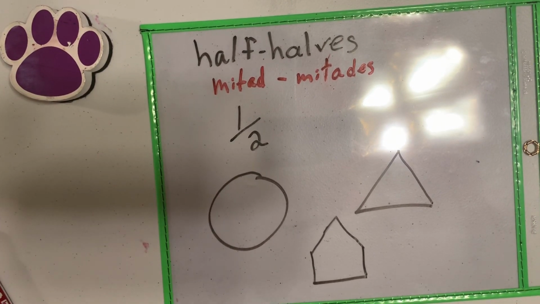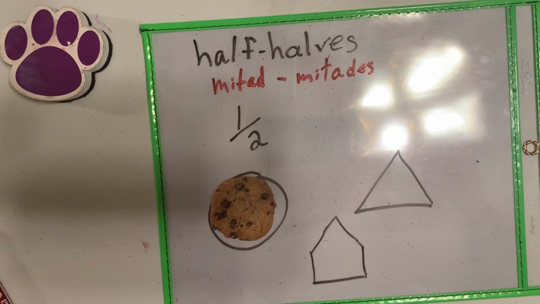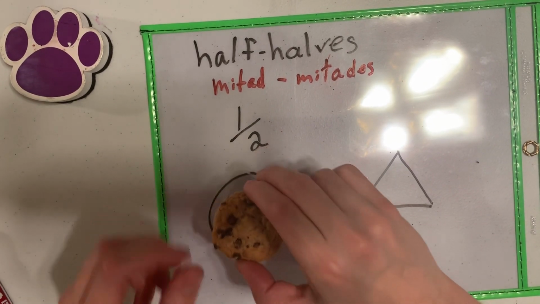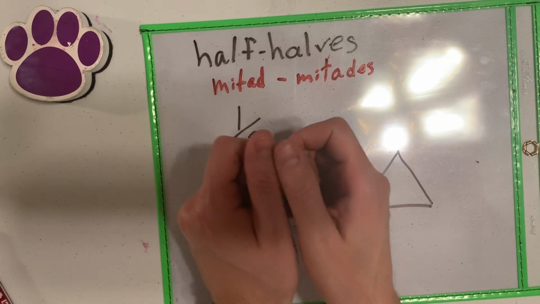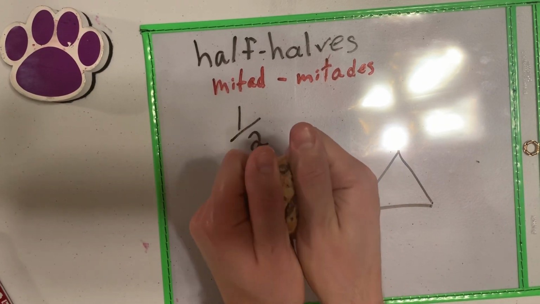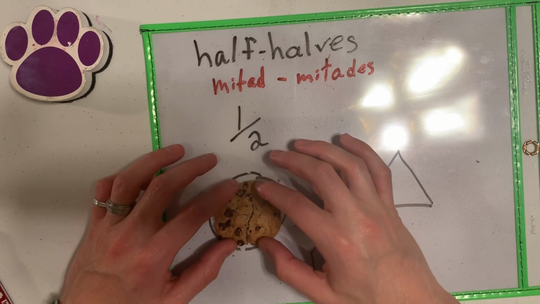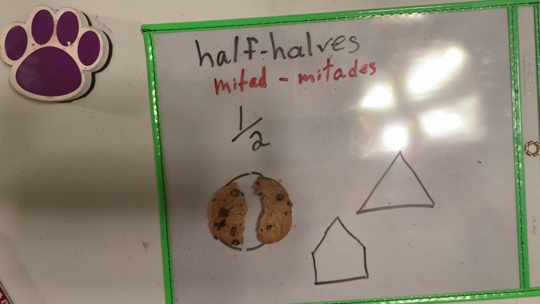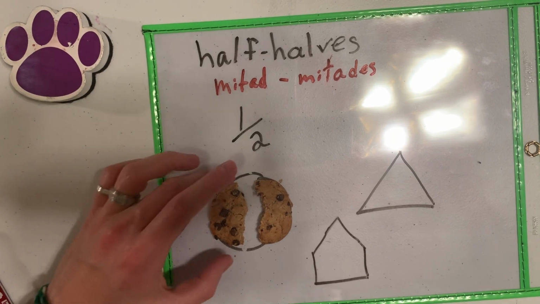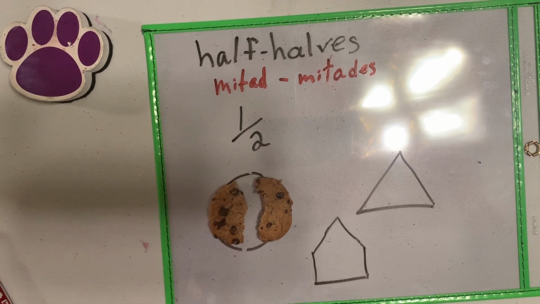Look at this circle. Let's think about the circle like a cookie. If I divide my cookie in half, I'm going to try to do it as best as I can. It went horrible, but almost. It's almost in half. So how many parts do I have? I have 2 parts.